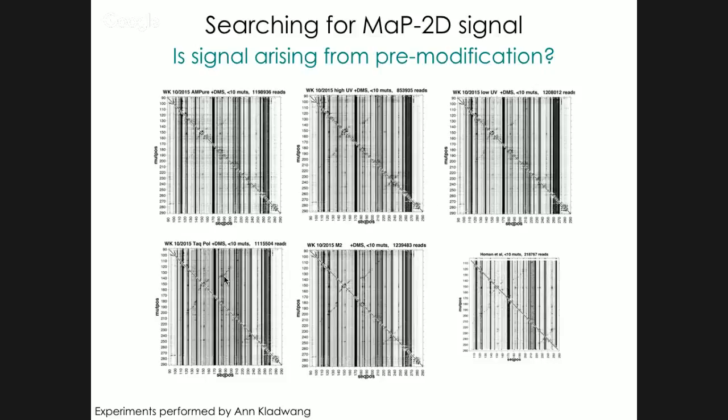It's a little bit hard to tell at this size of the plot, but in the UV exposures, you can see some blurriness in the secondary structure signal that's not present in the Homan et al. data, which is very precise, very similar to the standard mutate-and-map data set.